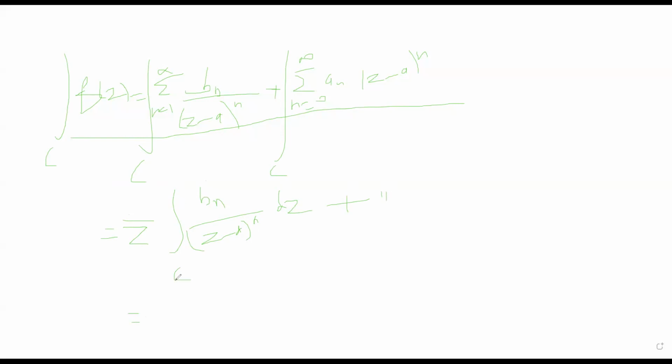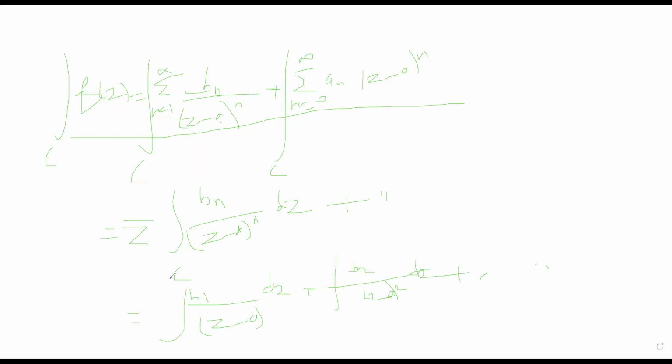When we expand this, when n equals 1, this becomes integral of b1 by z minus a dz. When n equals 2, this becomes integral over c b2 by z minus a the whole square dz, and so on.